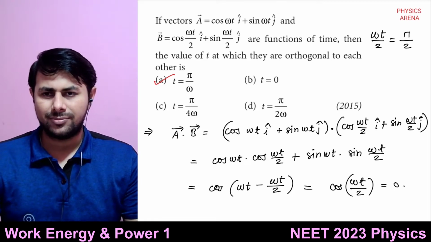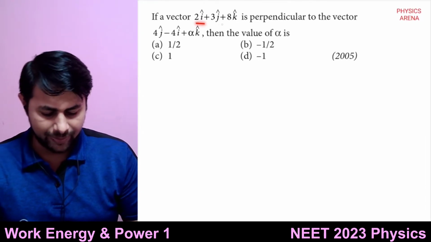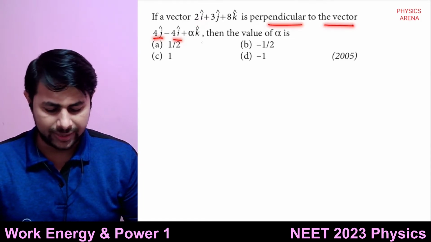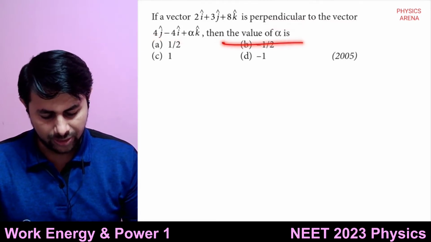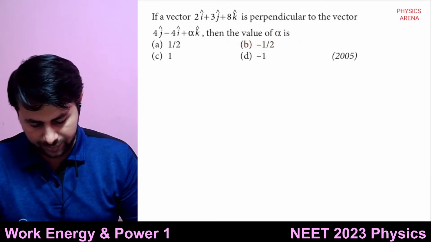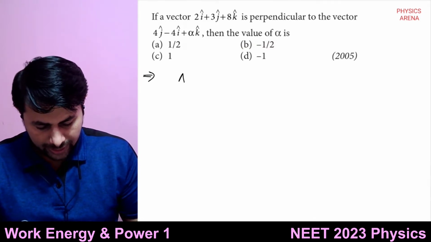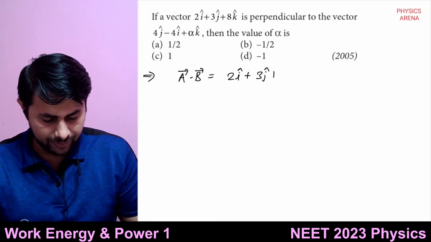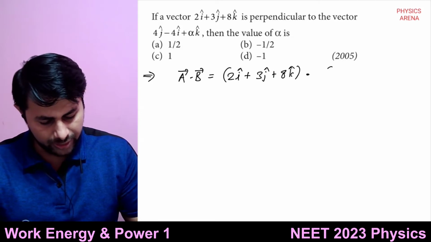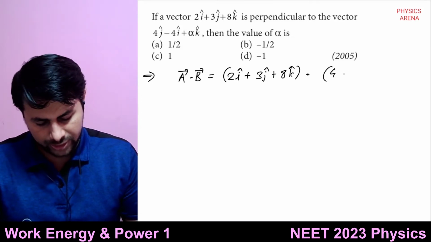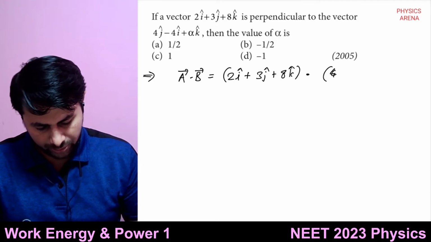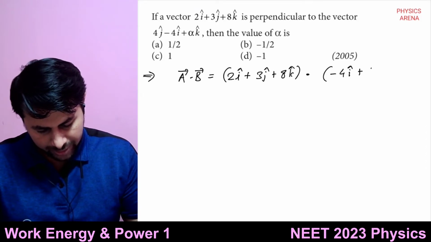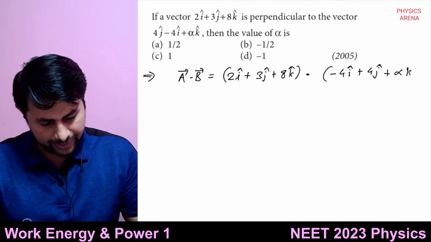So this was simple. If a vector 2i cap plus 3j cap plus 8k cap is perpendicular to vector 4j cap minus 4i cap plus alpha k cap, then the value of alpha is, again a simple question. So a bar dot b bar is 2i cap plus 3j cap plus 8k cap, its dot product with minus 4i cap plus 4j cap plus alpha k cap.